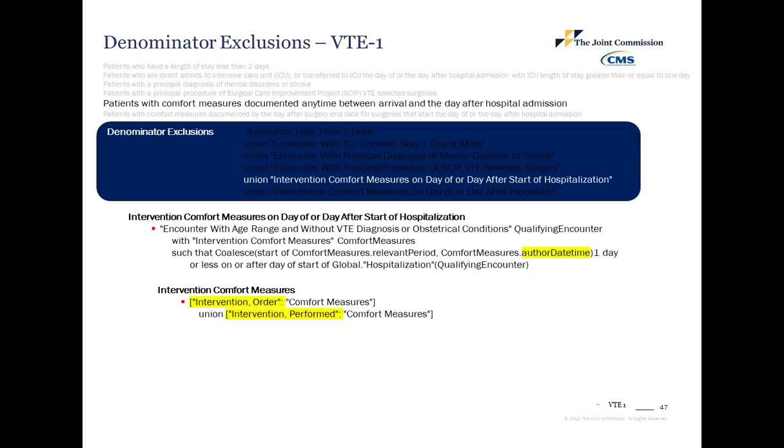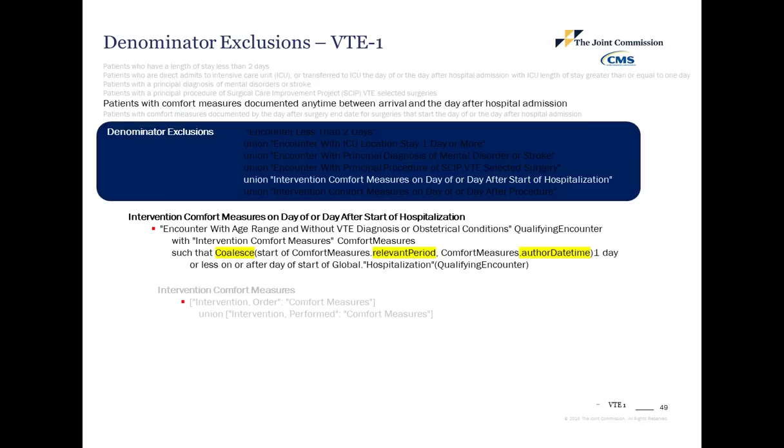Author date time is a common attribute for both intervention order and intervention performed. It's a timestamp of when the intervention measure, comfort measure order or documentation was entered. But relevant period is only associated to the intervention performed, meaning relevant period is a timestamp when the comfort measures occurred.